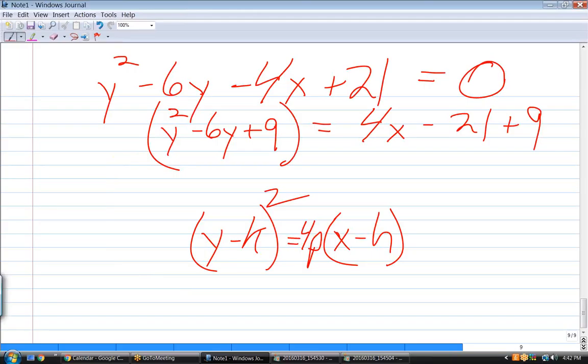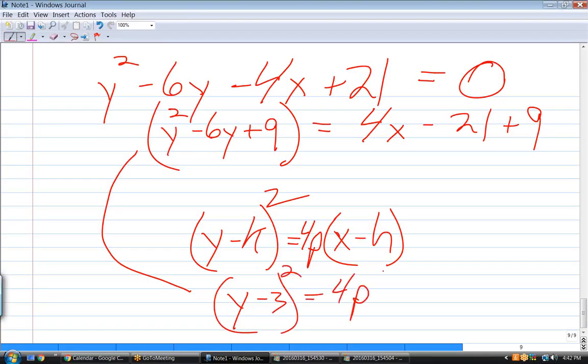And now I'm going to go down here and turn this into y minus 3 quantity squared equals 4p times, well, let's see, what is that? 4x minus 12? Yep. So if I factor out a 4, I'm left with x minus 3.